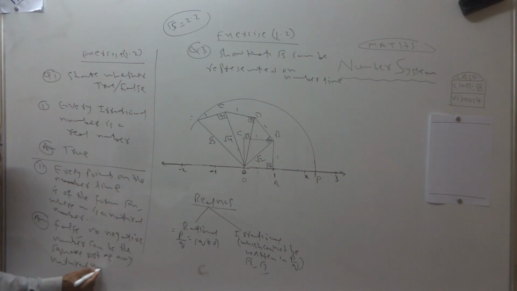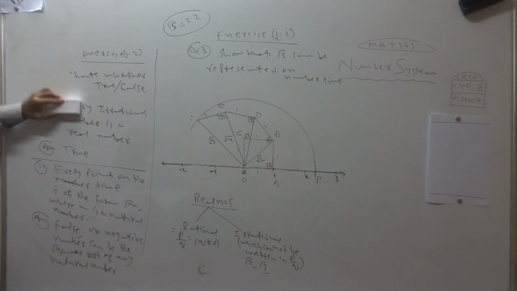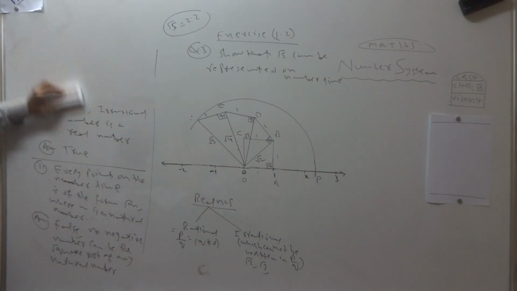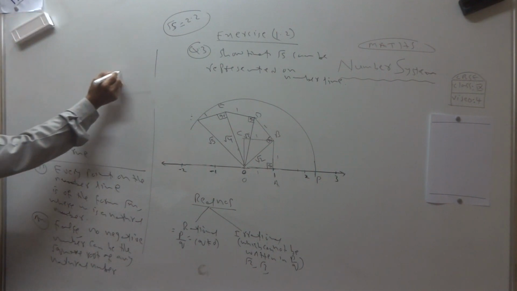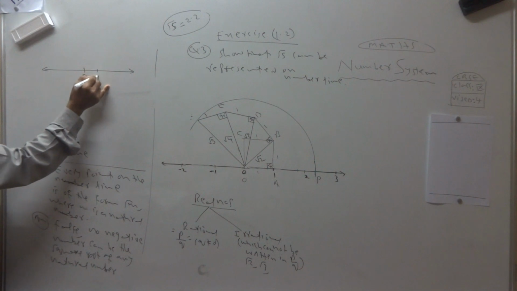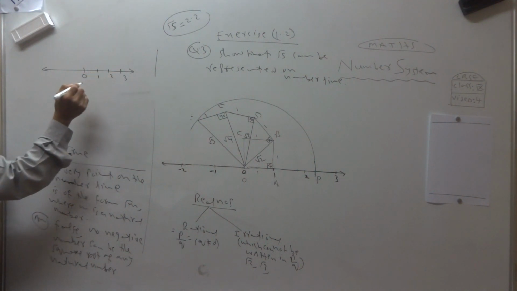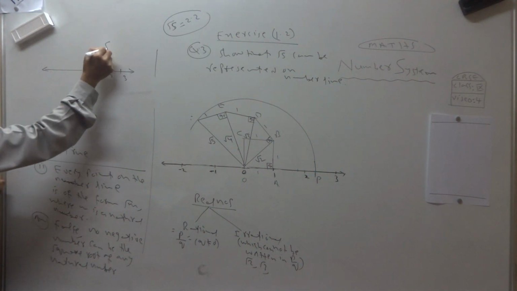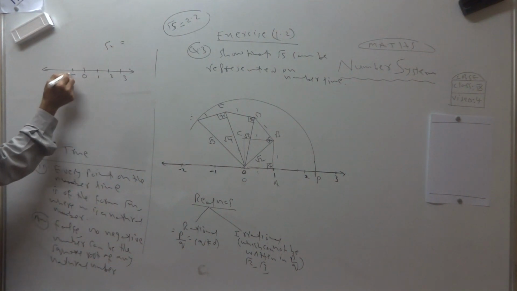Please understand. Because on the number line, 1, 2, 3, 4, so the square root of 2 cannot be negative.